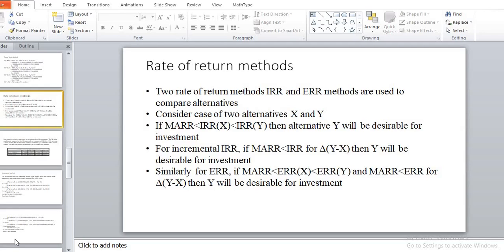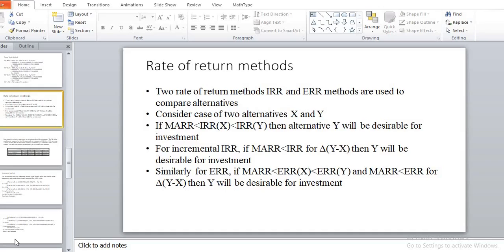With this incremental value, if the interest rate i is greater than the MRR value, then y should be desirable. That is, if the incremental internal rate of return is greater than the MRR value, then y should be desirable.